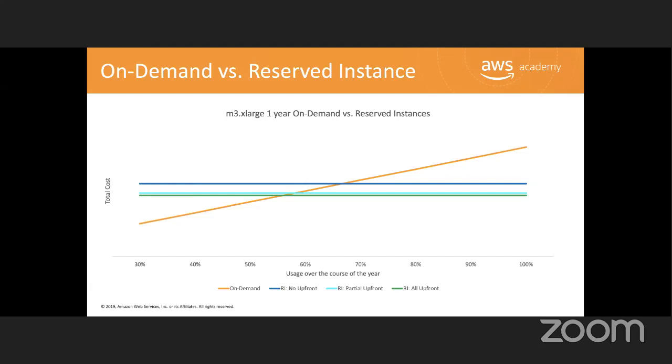So this graph here is showing that your break-even point between on-demand and reserved is between 60 and 70%. But that's assuming that you have data for a whole year for you to decide whether or not this makes sense. Correct.